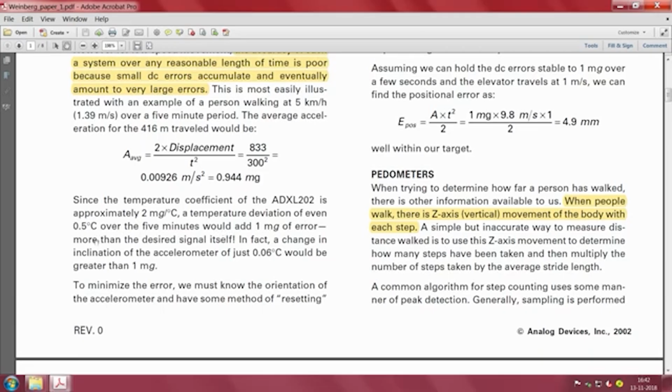A temperature deviation of even 0.5 degrees Celsius over 5 minutes would add 1 mg of error, more than the desired signal itself. That is indeed the problem, because the desired signal is 0.944, and here you get 1 mg, which is much more than the desired signal. In fact, a change in inclination of the accelerometer of just 0.06 degrees would be greater than 1 mg. So that indeed is causing the problem.